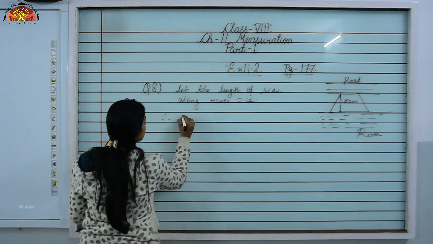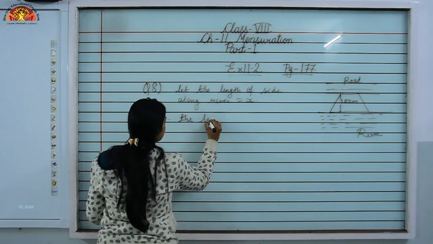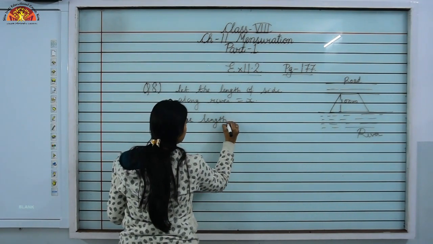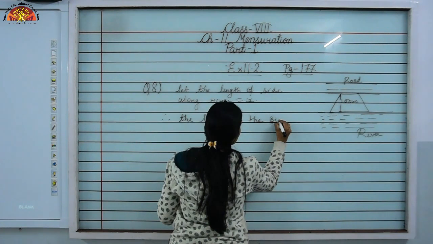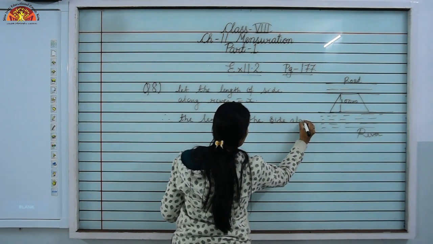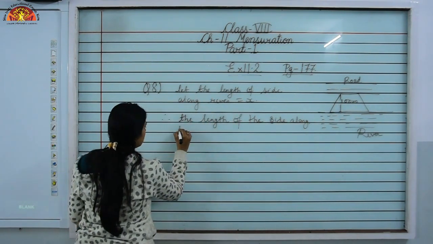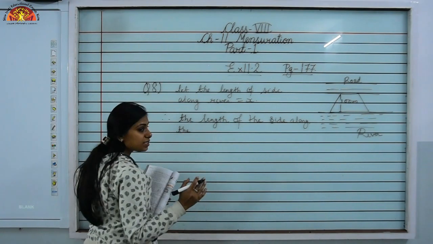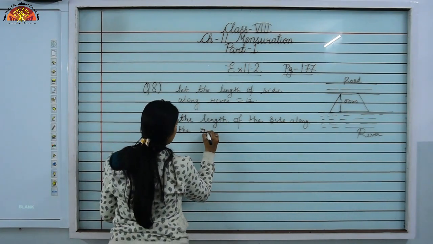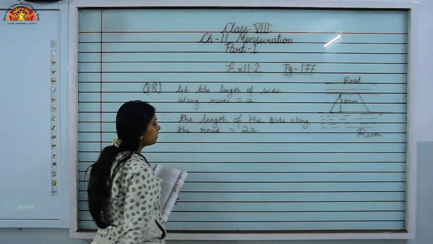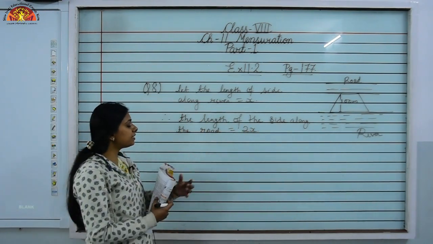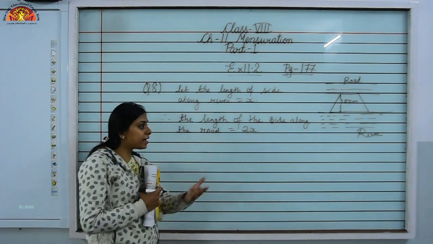Therefore, the length of the side along the road, it has been told it is twice the river, so it will become 2x. As per the condition, the length of the side along the road is equal to 2x.